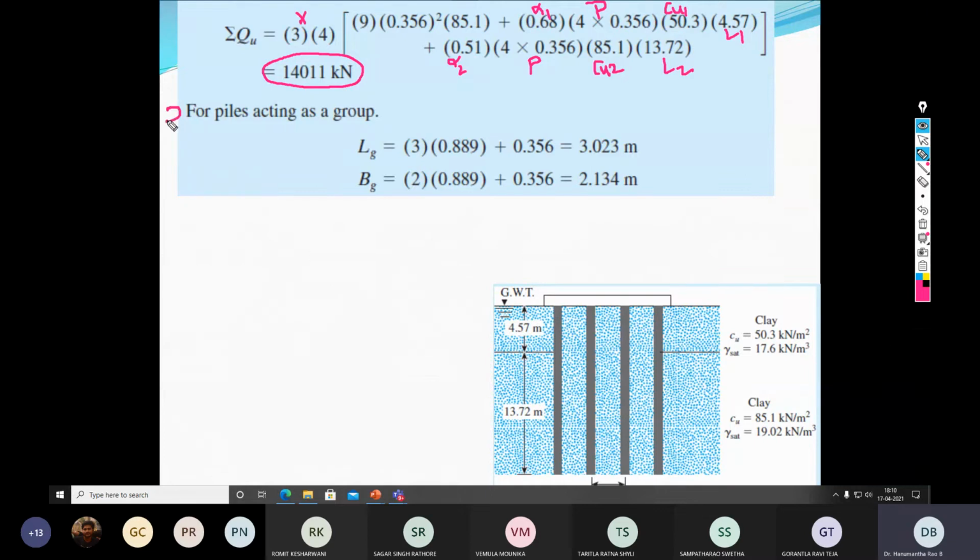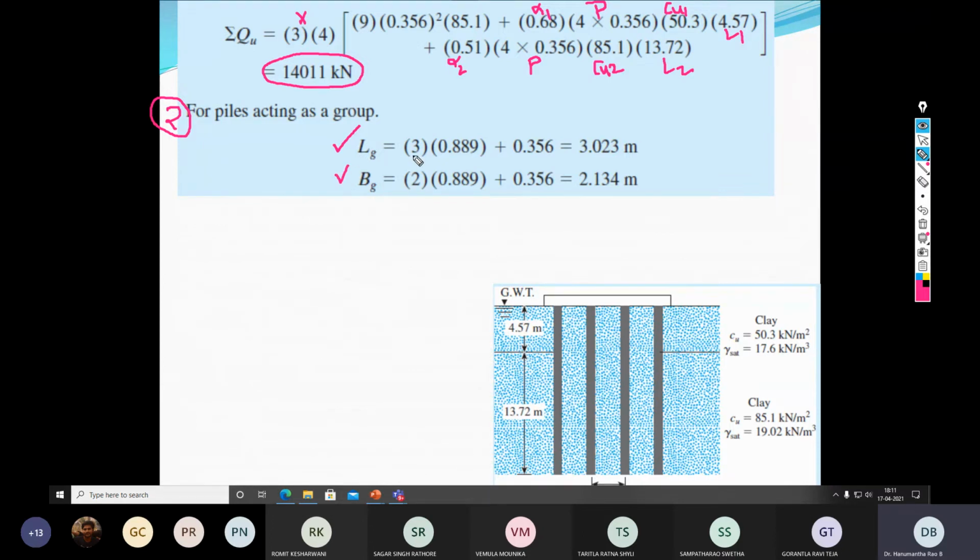Now in step 2, we will go for considering the pile group as a block, with piles acting as a group. So here the very first step is you need to calculate the length of the pile group and the width of the pile group.